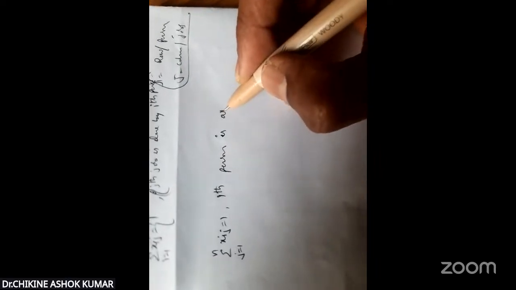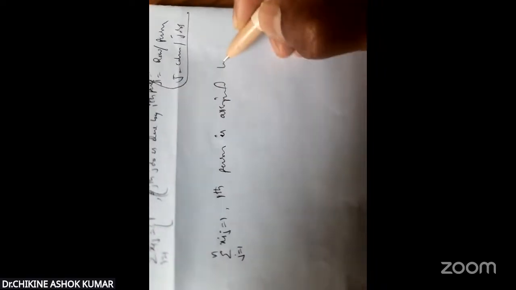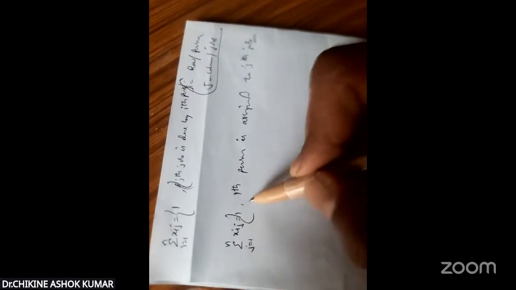Now I am fixing the i value. i indicates person. So the ith person is assigned to the jth job. This is called mathematical formulation. In our textbook, we have all this theory part. Just go through this theory part. And next, coming to the next one.